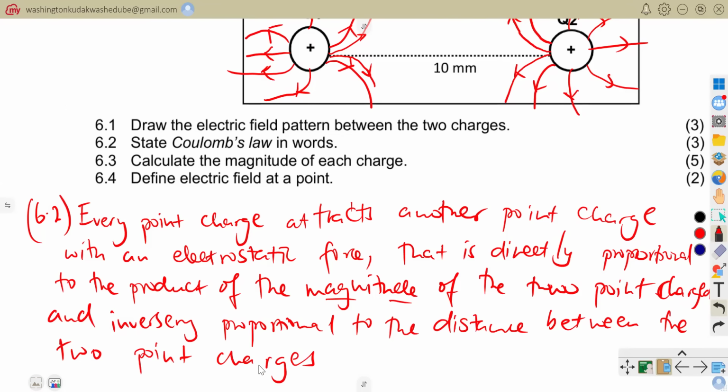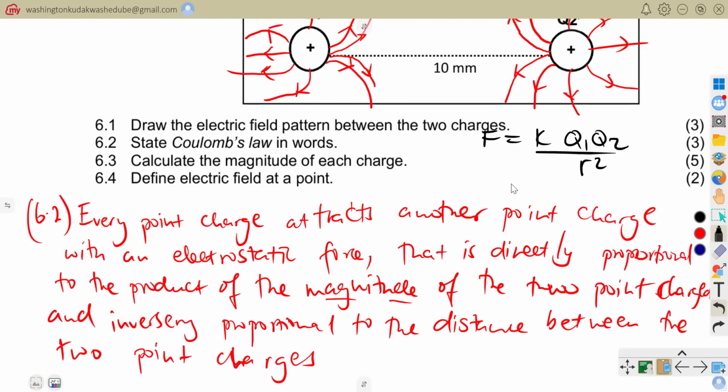So it definitely becomes the distance in between the two centers. Now, this is the law that gives you a formula which says F is equal to K Q1 Q2 all over R squared.